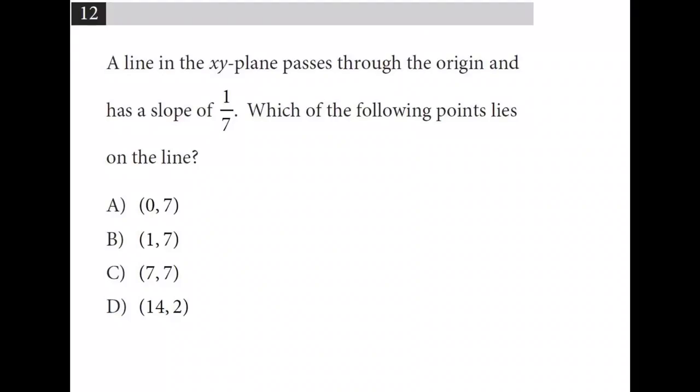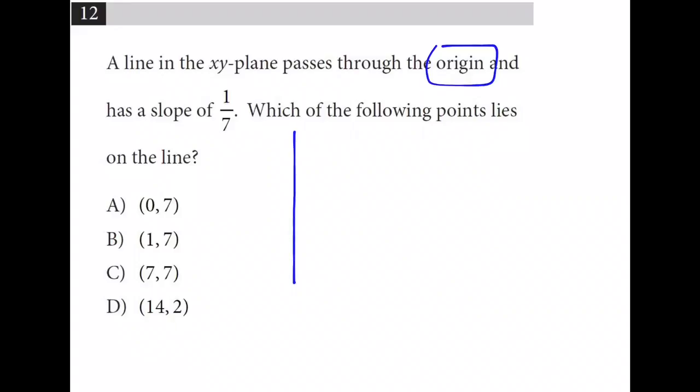Number 12. A line in the xy plane passes through the origin and has a slope of 1/7. Which of the following points lies on the line? There's a vocabulary term in this problem that's very important. That word is origin. Who can tell me what the origin is in terms of math? It's 0, 0.